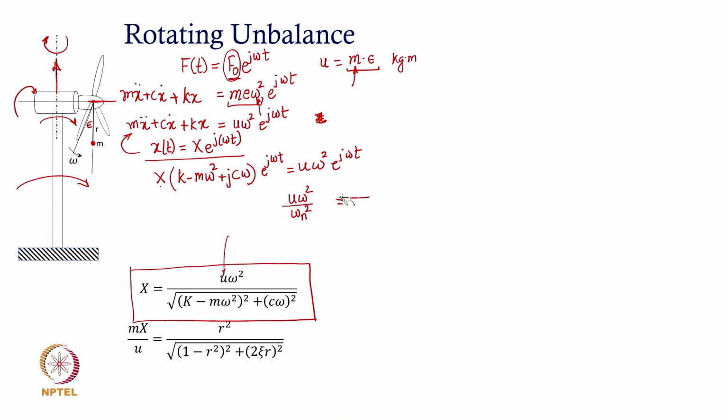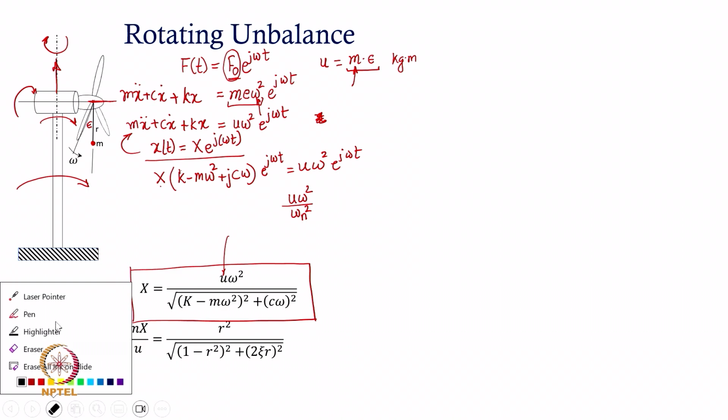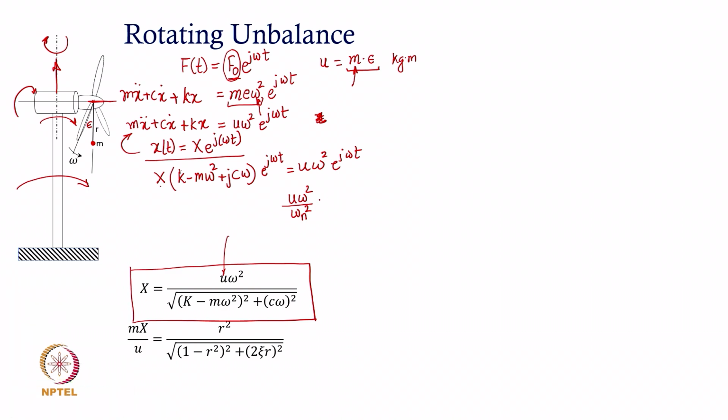So, let me make sure that we are on the same page here. Multiplying and dividing it by omega n square, this term now changes to what? Omega upon omega n whole square is r square, okay, and omega n square is what? k over m.